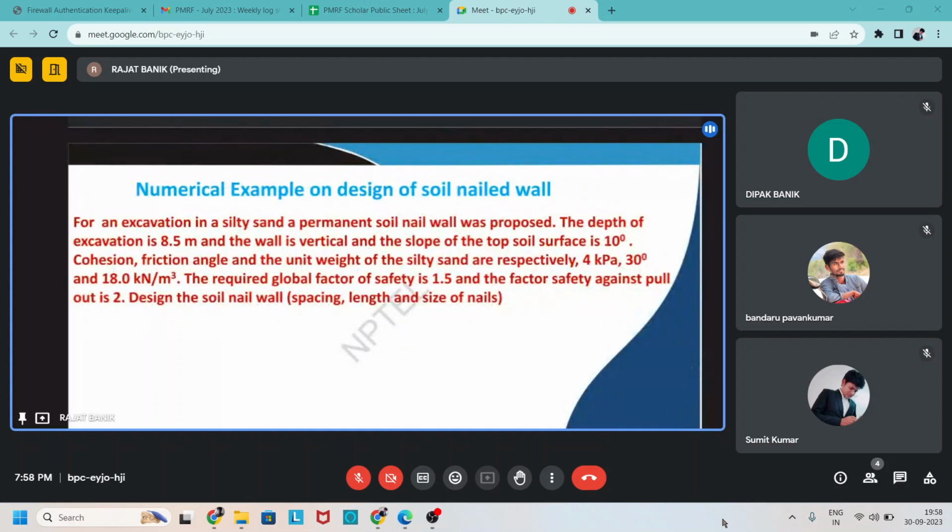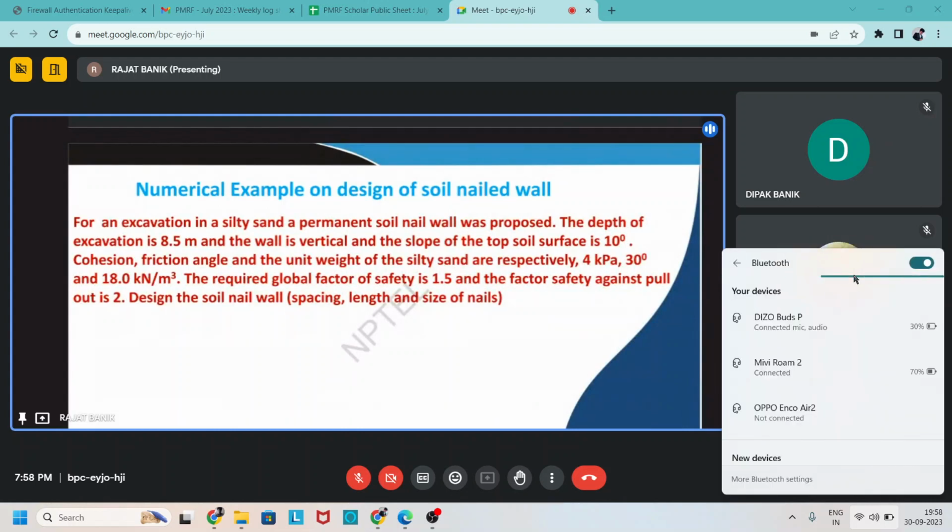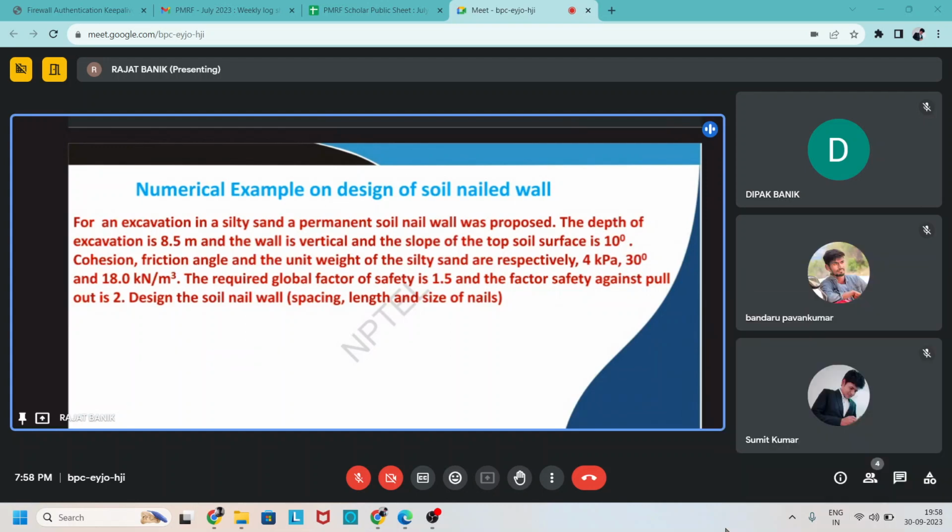The depth of excavation is 8.5 meter, the wall is vertical, and the slope of the top surface is 10 degree. Cohesion, friction angle, and unit weight of the sand are respectively 4 kPa, 30 degree, and 18 kilonewton per meter cube. The required global factor of safety is 1.5, and the factor of safety against pullout is 2. Design the soil nail spacing, length, and size of the nails.